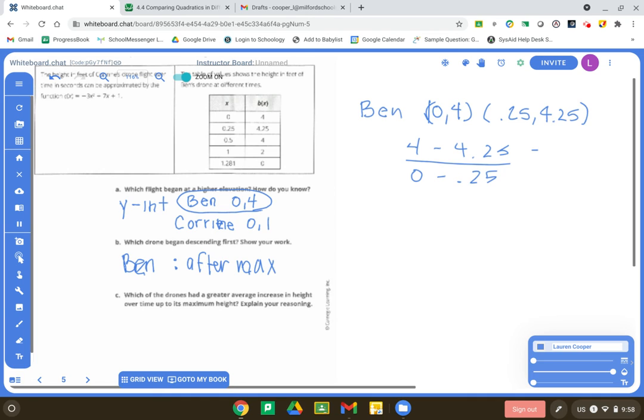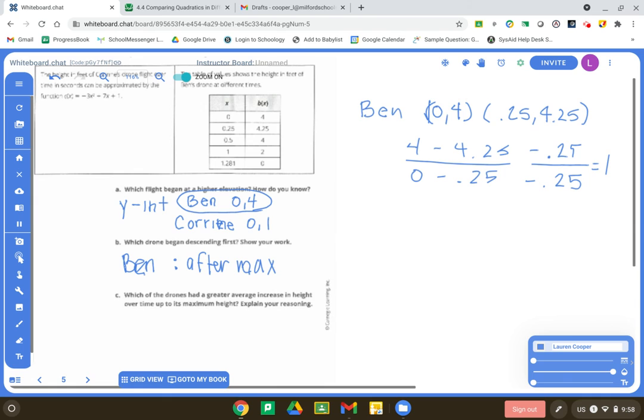So it gives me negative 0.25 over negative 0.25. So his was 1.